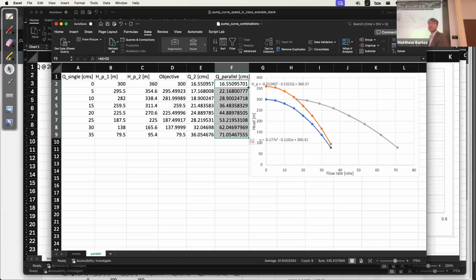So note that all we've done here is that we've added together the discharges over the shared range of pump heads. So that's what this whole operation was doing. If the procedure was confusing, just go back to that central idea and figure out how you can add those two pump curves together horizontally.